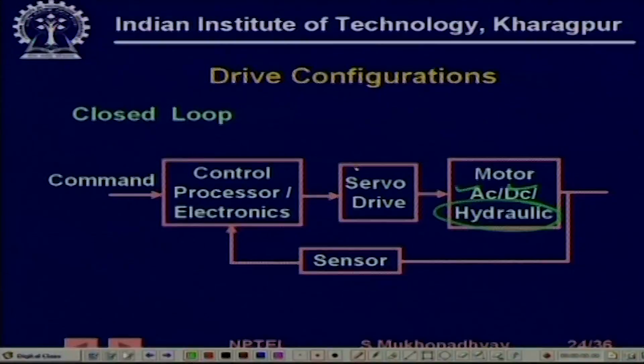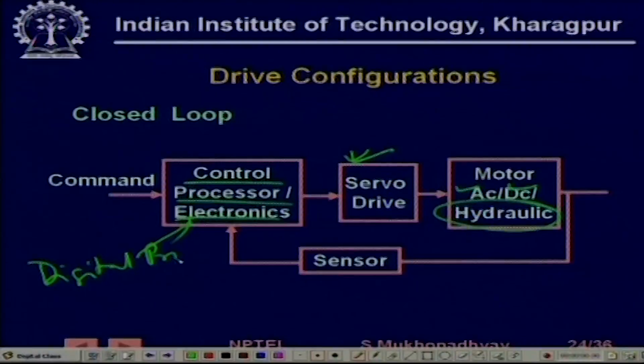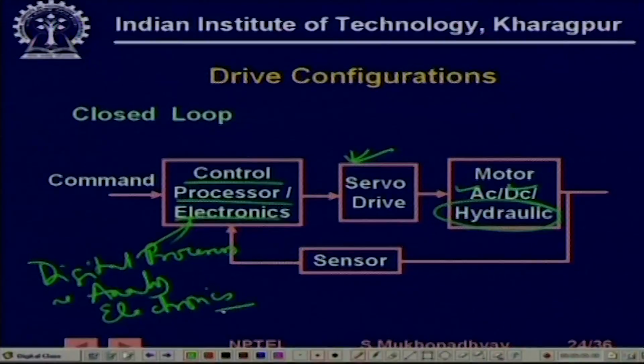And then we have the servo drive for the hydraulics, which is again controlled by various kinds of digital processors and analog electronics, and finally we have the sensors which give the feedback. So, these are the closed loop drive configurations which are typically implemented for these machines.